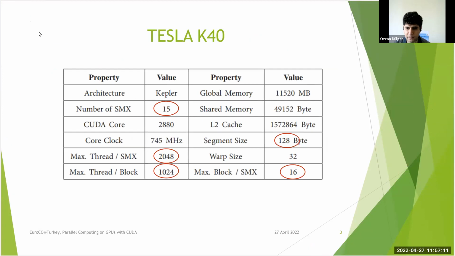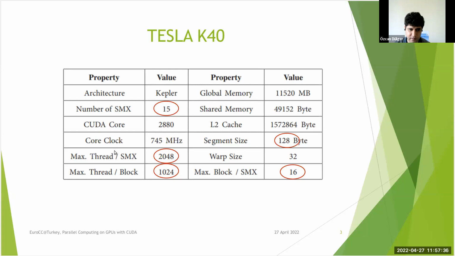I would like to remind you of the specification of the board that is used in our experiments. The number of streaming multiprocessors is 15. This is important. The segment size is 128 bytes. This is also important.